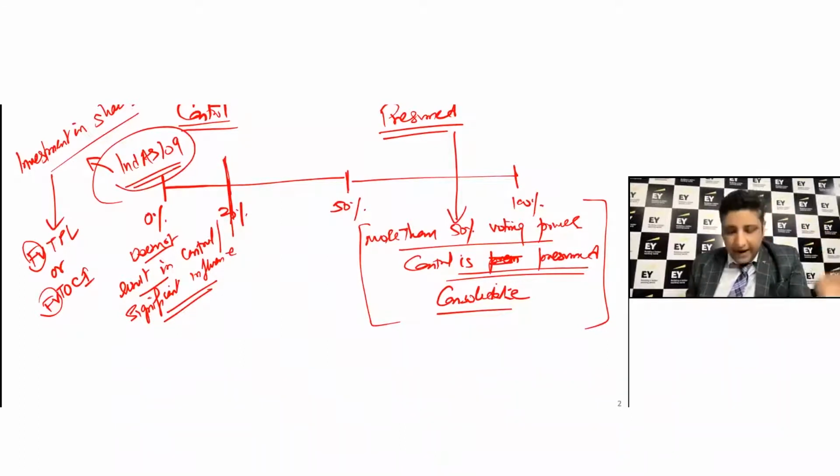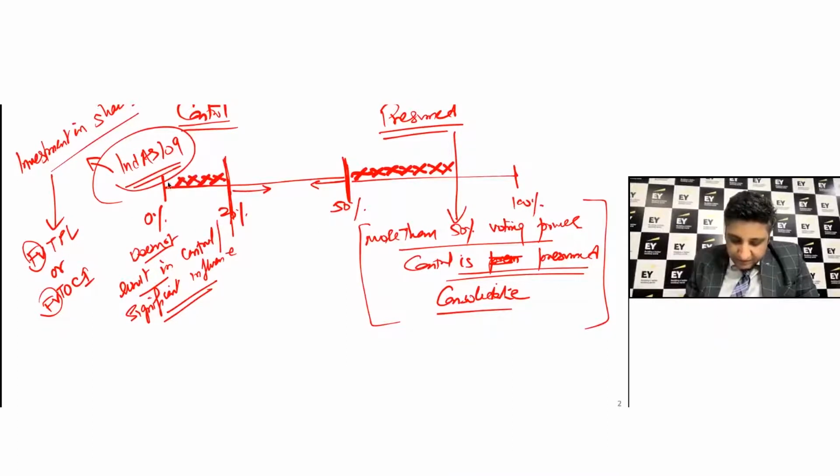And of course that is where the final categorization comes, that you neither have a control because you don't have the majority stake, for example, nor it's a small investment, right? You're not a very small investor that you attend an annual general meeting. You don't have, let's say, a board representation.